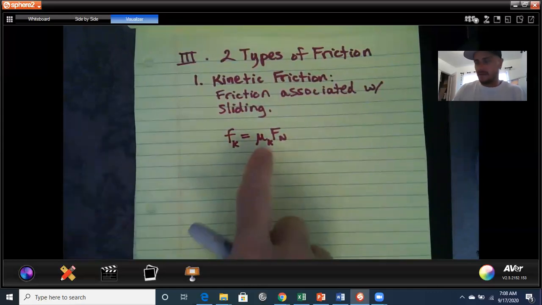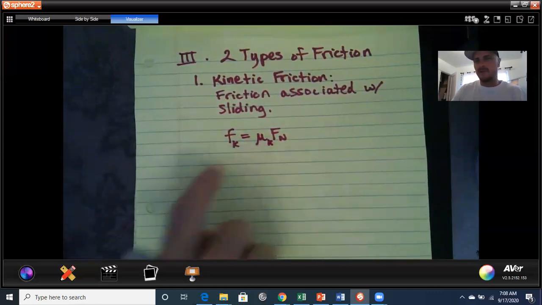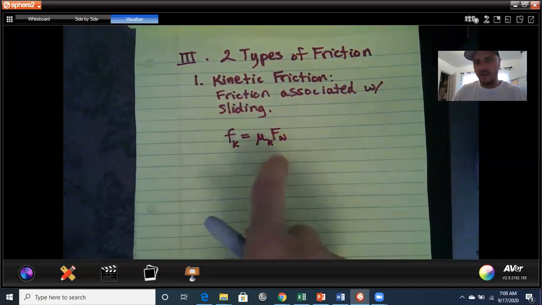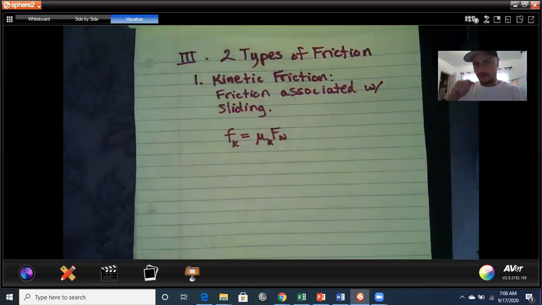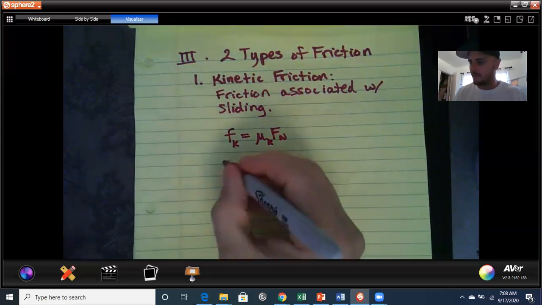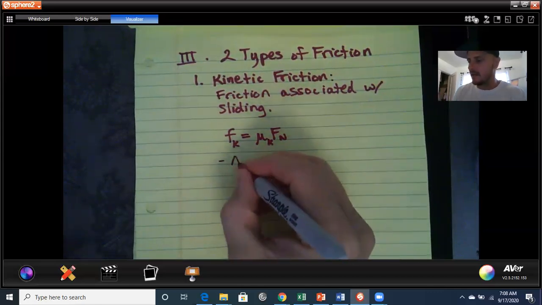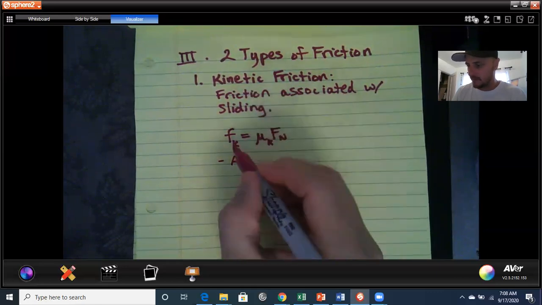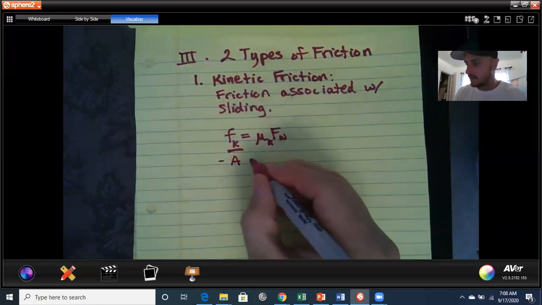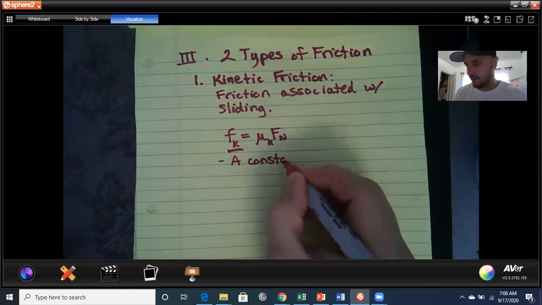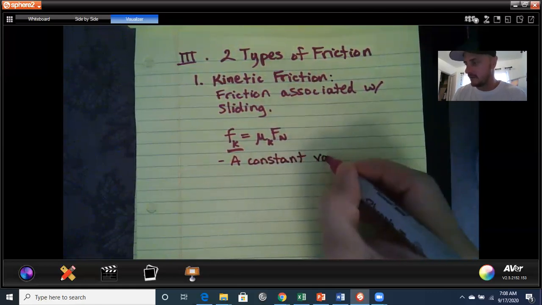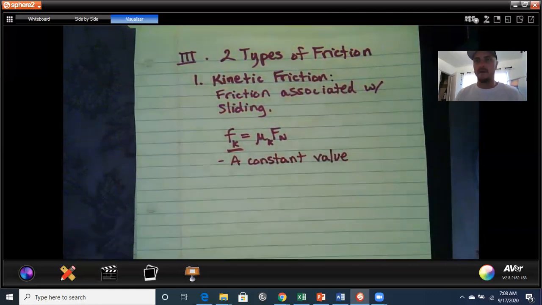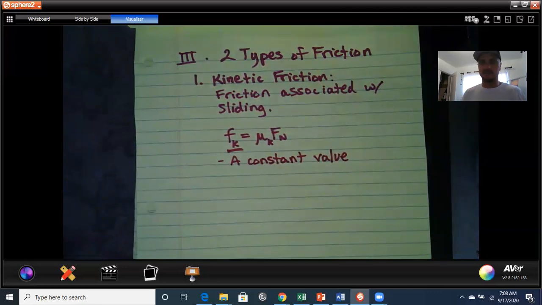I'll come back to talking about that a little bit more, but that's really all you need to know, is we put a k to identify that it's kinetic friction. And we want to also say this about it. It is a constant value, the kinetic friction, which leads me to discuss something.